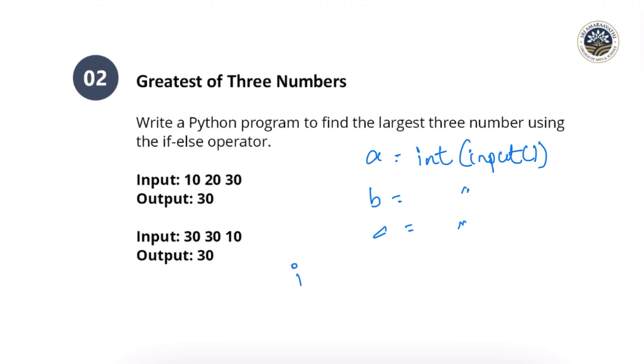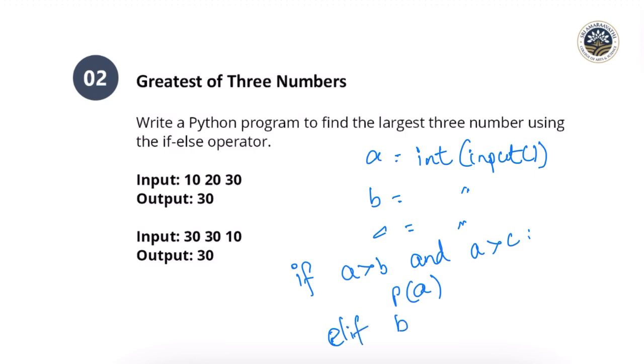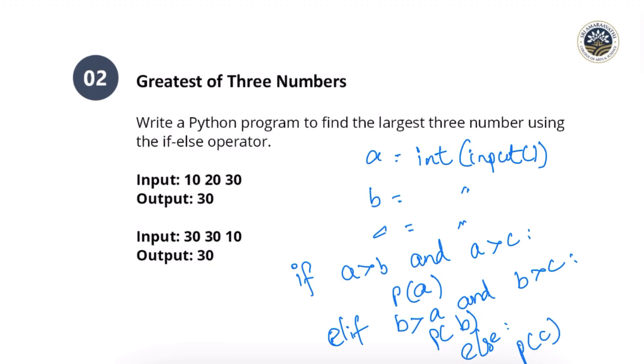The first thing: if A is greater than B and A is greater than C, you print A. Else if B is greater than A and B is greater than C, you print B. Else, print C. This program is correct for only the first input.